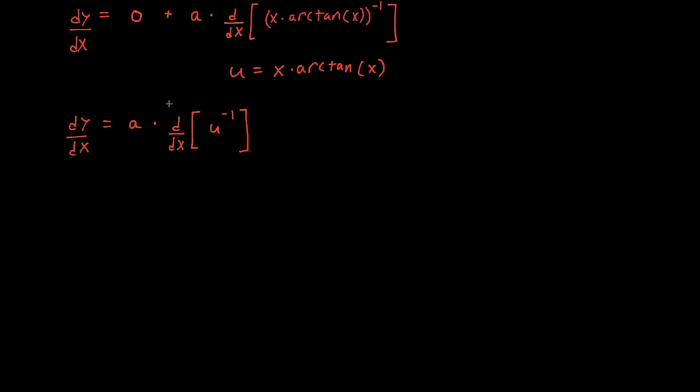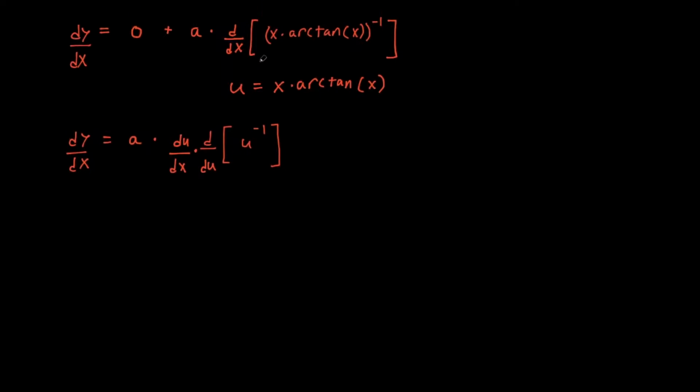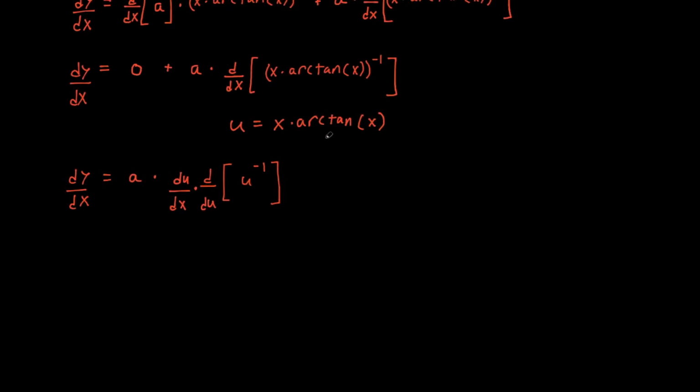Chain rule gives us du dx times d du of u to the -1, and we have up here u equals x times arctangent of x.